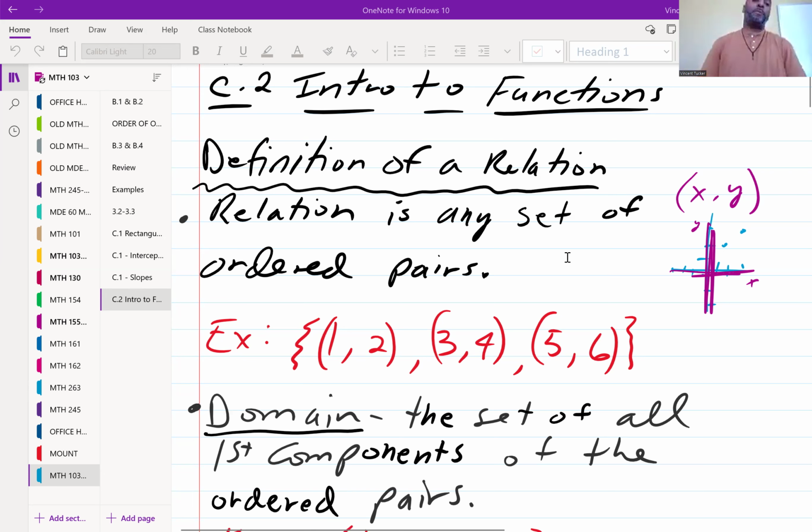But it's all good. So C.2 is just the intro to functions. It starts off with the definition of a relation. A relation is just any set of ordered pairs. So you see we have 3 ordered pairs right here: 1, 2; 3, 4; and 5, 6. That's going to represent a relation for us.